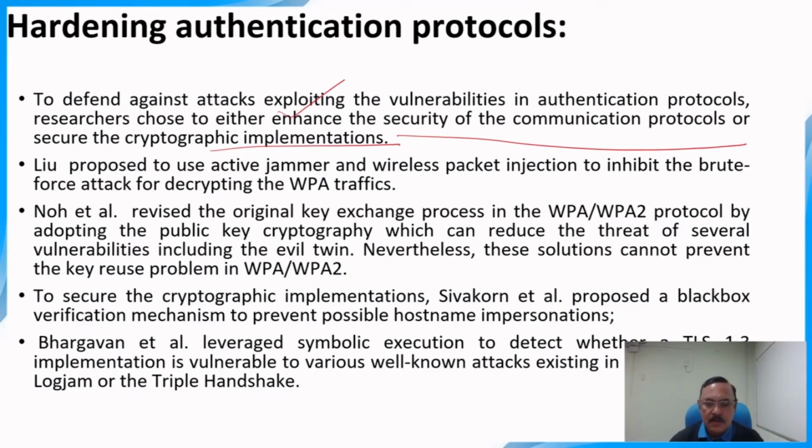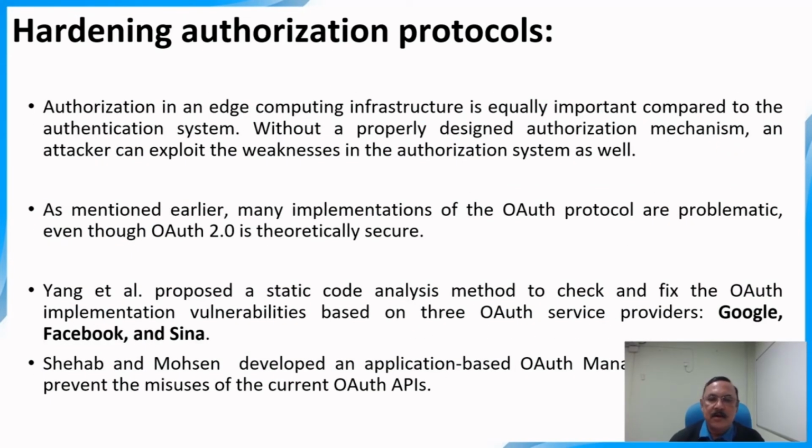That is what is being taken up by different researchers. Now, hardening the authorization protocol. So, authorization in edge computing infrastructure is equally important compared to the authentication systems. Without properly designing the authorization mechanisms, an attacker can exploit the weaknesses in the authorization systems as well.